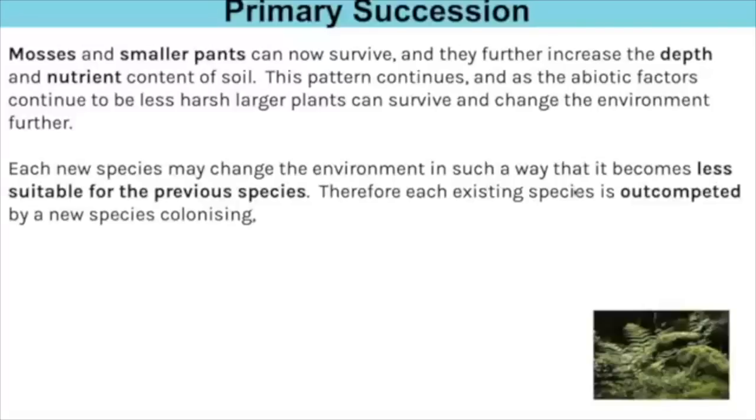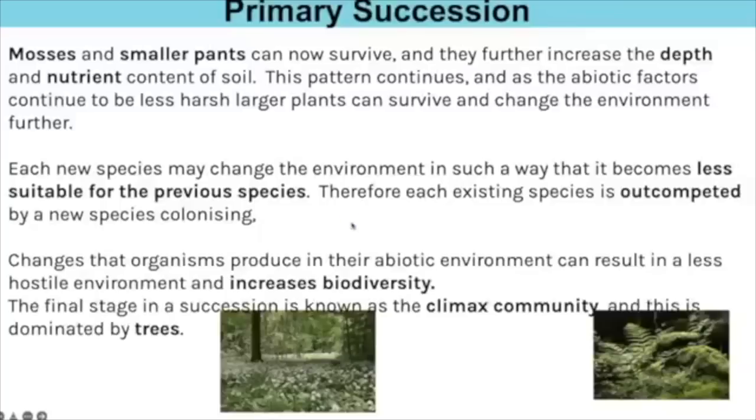Each new species may change the environment in such a way that it becomes less suitable for the previous species, and therefore those previous species become outcompeted. Changes that organisms produce in the abiotic environment can result in a less hostile environment and increases the biodiversity. The final stage of a succession is known as the climax community, and this is dominated by trees typically.